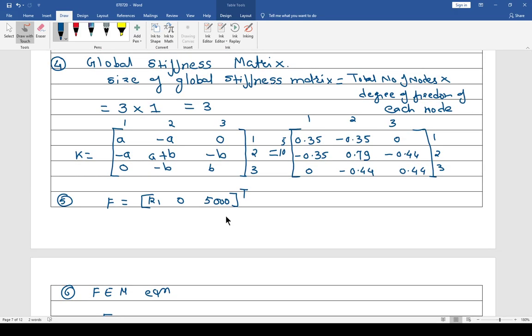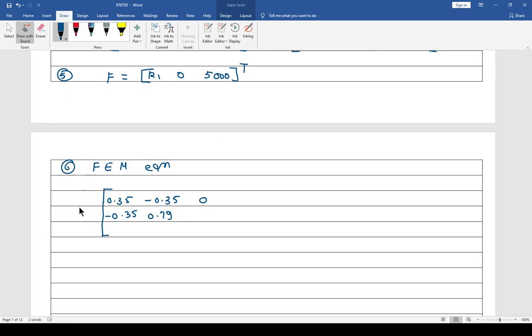I just wrote it so 10 raised to power 5 is common here, minus 0.44, 0 minus 0.44, 0.44, with indices 1 2 3, 1 2 3, into Q, so Q1, Q2, Q3 equal to F1, F2, F3.